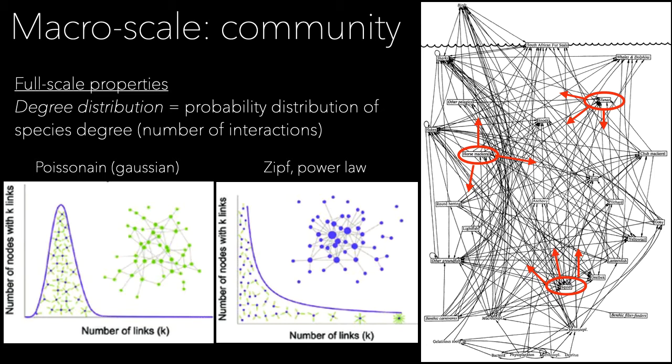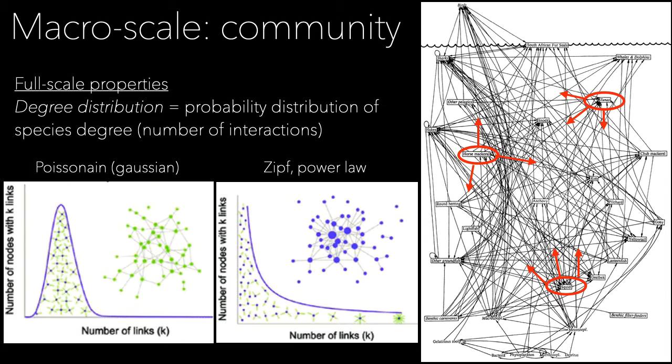In this case, we will take each species, as depicted here on the right, and calculate the number of interactions for each species. Then, on a Cartesian plane, we can plot on the x-axis the number of links, the number of interactions, which is the degree of the species, and on the y-axis the number of species that have this particular degree.